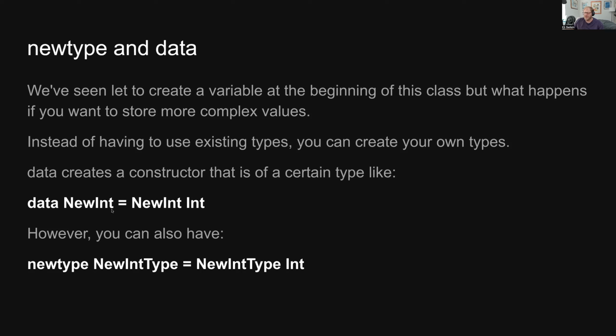Data NewInt is what they call lazy, and newtype is not. And even though you often want your code to be lazy inside of Haskell, you don't exactly want your types always to be lazy in terms of what the compiler has at compile time, but also at runtime.